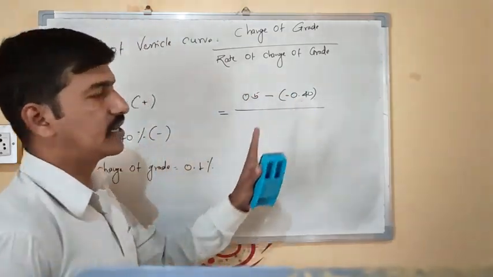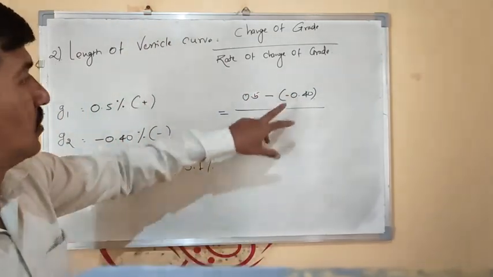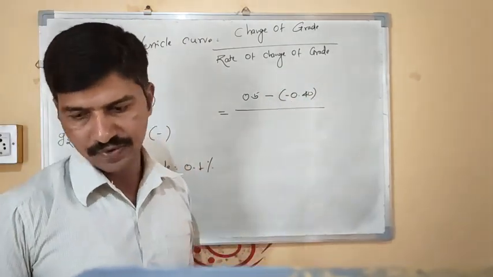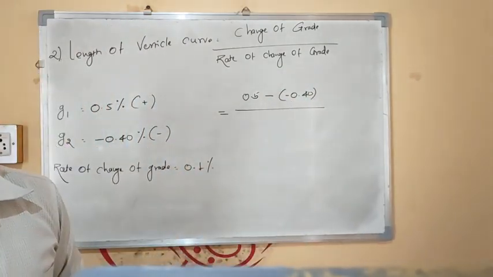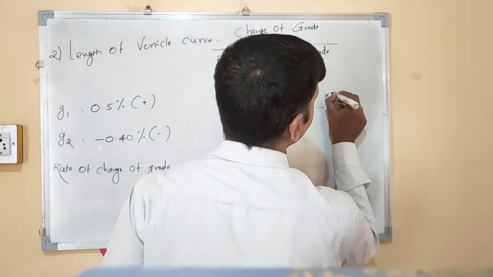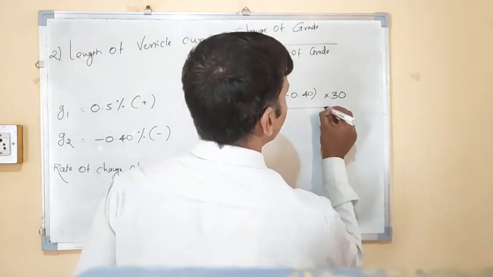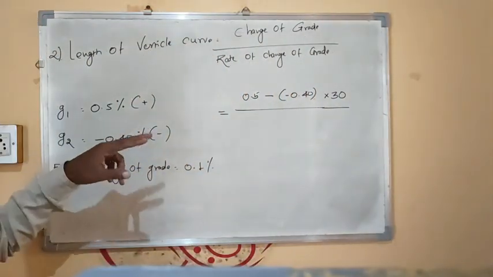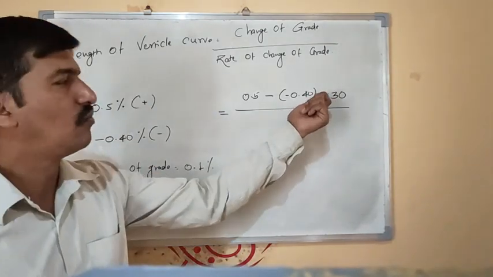If it is given negative, consider it as negative. If they have given a positive sign, consider it as positive. Then it should be multiplied by 30, which is the chain length. The gradient will be expressed in terms of percentage for one chain length.